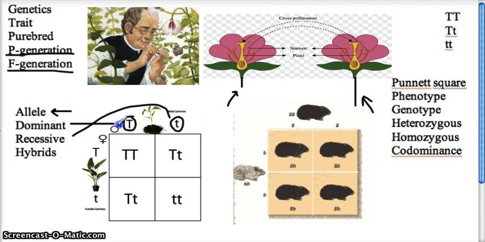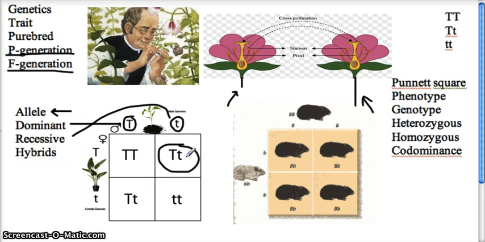So when you ended up having an offspring that had one dominant and one recessive, it showed up as tall because the dominant alleles hide, I guess you might say, the recessive alleles. The recessive is hidden when the dominant allele is present. So even though this offspring right here was tall, it had inside it that recessive gene.